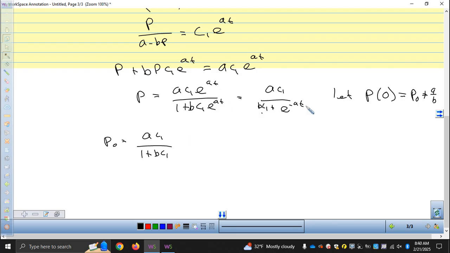We substitute T equals 0, and we're going to solve this similarly. We multiply by 1 plus B C1, gather all the terms that have the C1 on one side and everything else on the other side. I'm just skipping over some algebra steps here: C1 equals P0 over (A minus B P0).